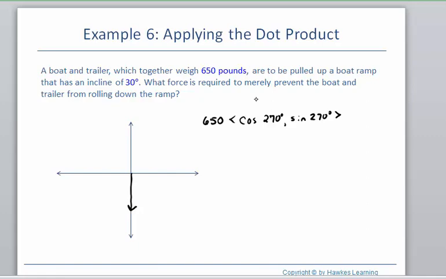I know that cosine of 270 is equal to 0, and sine 270 is equal to -1, and I either have that memorized or I'm pulling that off of my chart for the different values for the trig functions. If I distribute my 650 through, I'm going to have 650 times 0, which is going to stay 0, and 650 times -1, which is going to be -650.